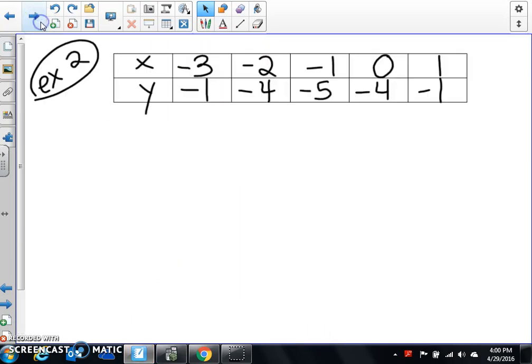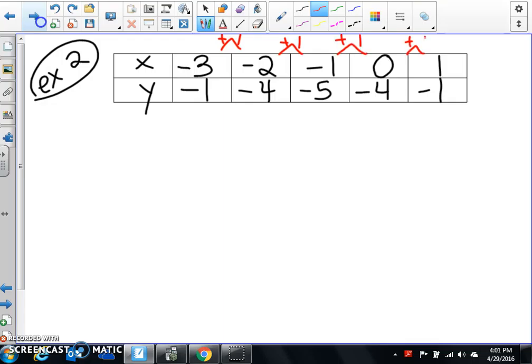Here's the next one. All right, so I look for the pattern. Over here, I'm adding 1. Down here, it looks like I'm subtracting 3, then I'm subtracting 1, then I'm adding 1, then I'm adding 3. So that's definitely not linear, right? There's no pattern.